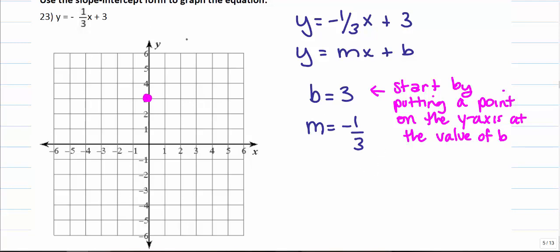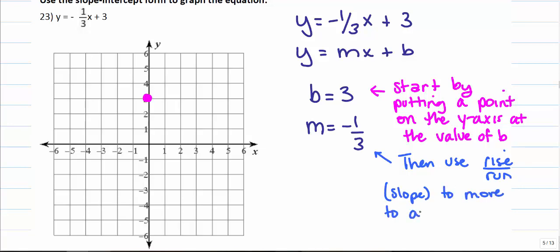And then you are going to use rise over run, which is your slope, to move to a second point, meaning in this case you are going to move down 1 block and right 3 blocks from that point we just plotted.